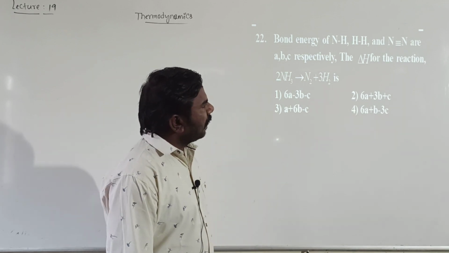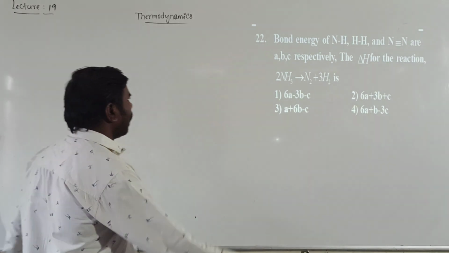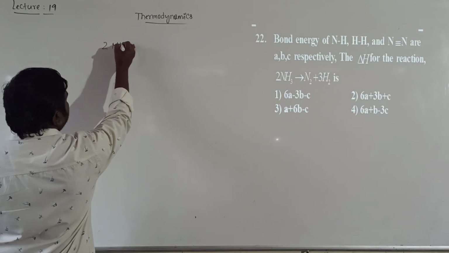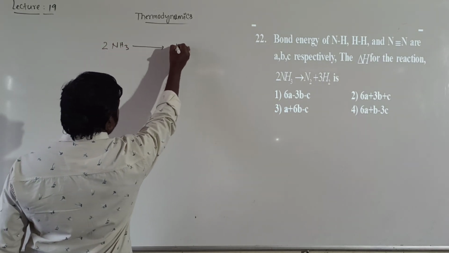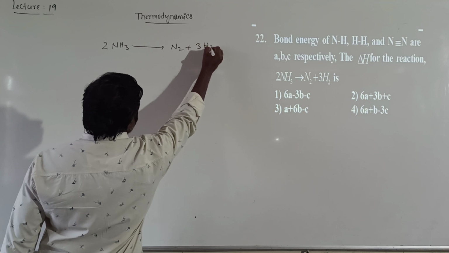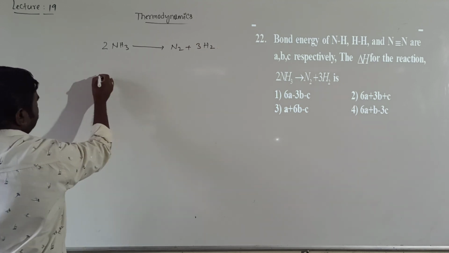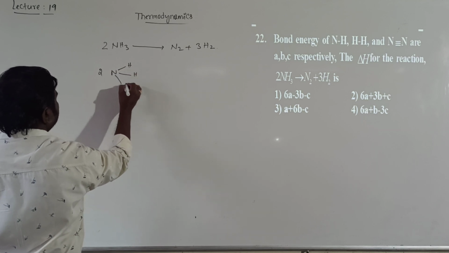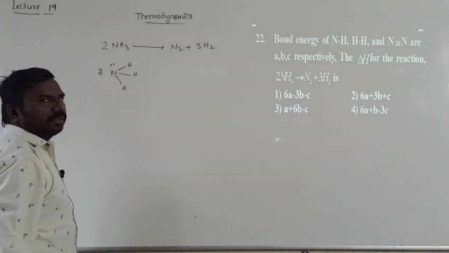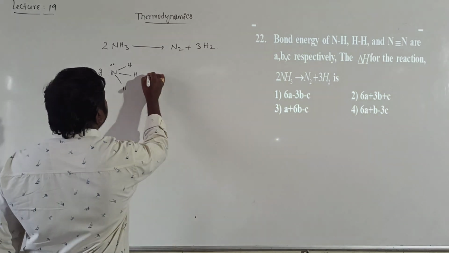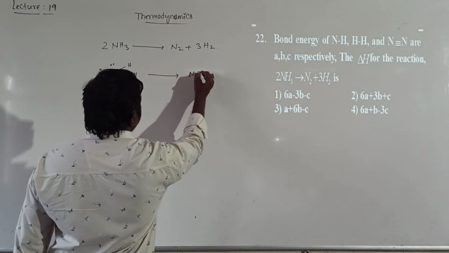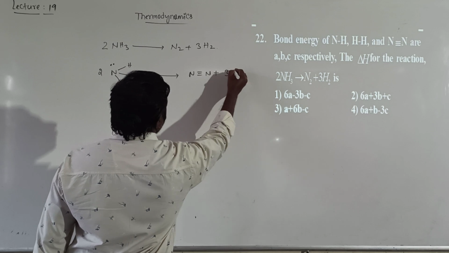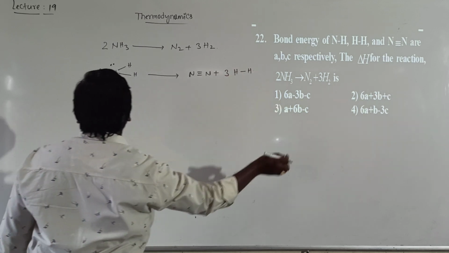So delta H for the reaction is, the reaction given is 2NH3 gives rise to N2 plus 3H2. We need to write it like this: N with H, H, H. There are 3 bonds on nitrogen and 1 lone pair. So it gives rise to N triple bond N plus 3 H-H.